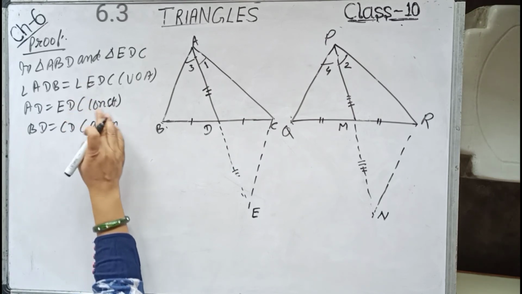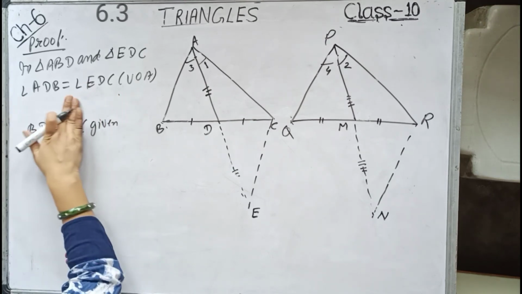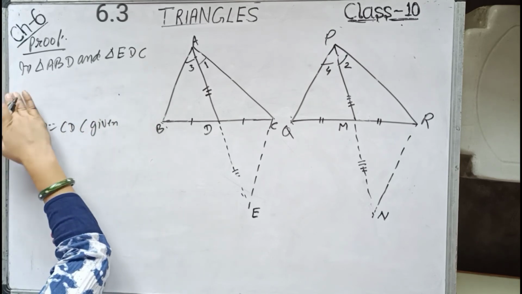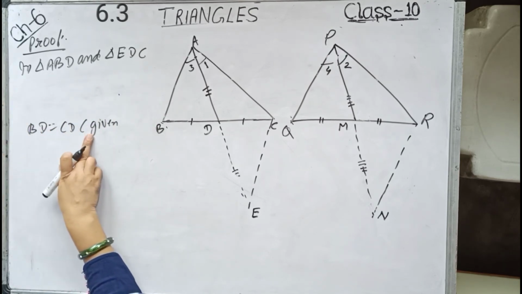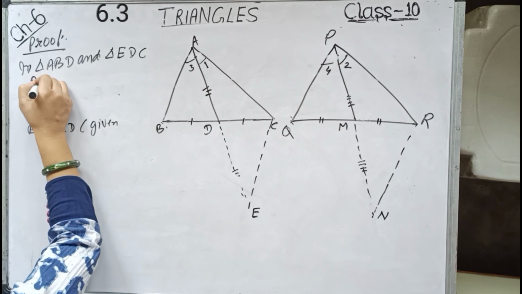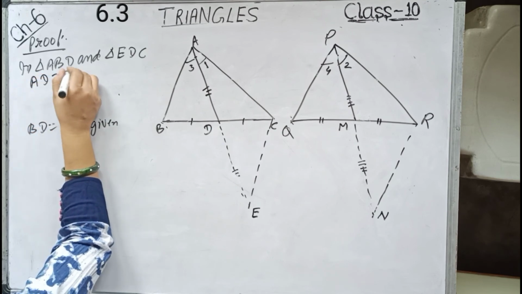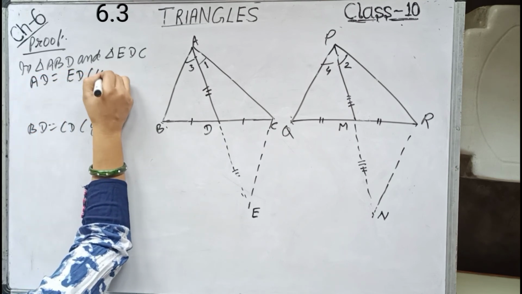Actually, I should write this in between, so I am writing here only. BD equals CD, it is given. AD equals ED, construction.